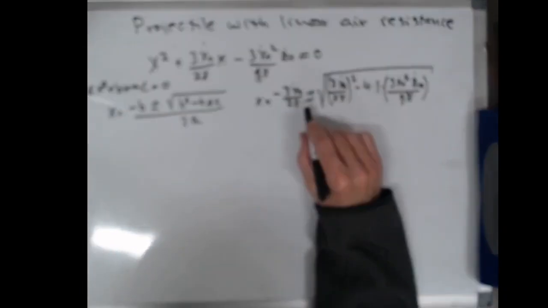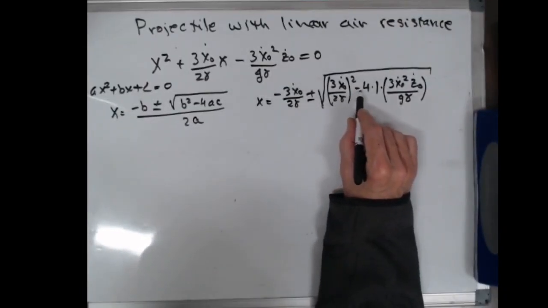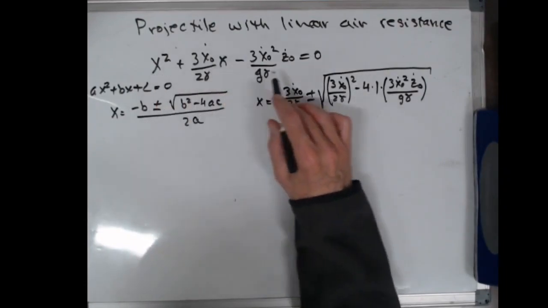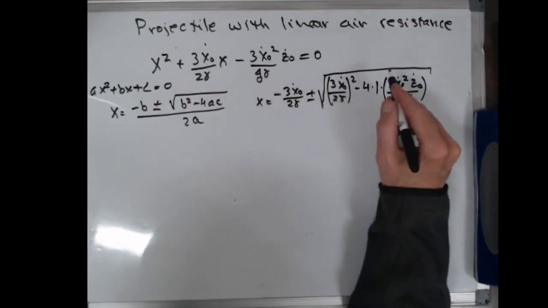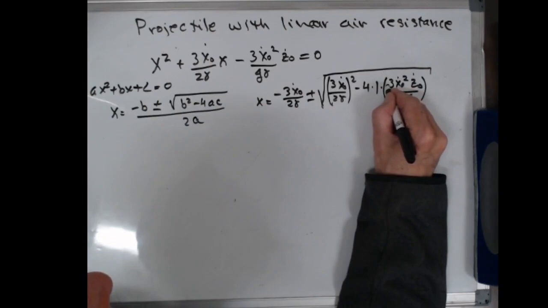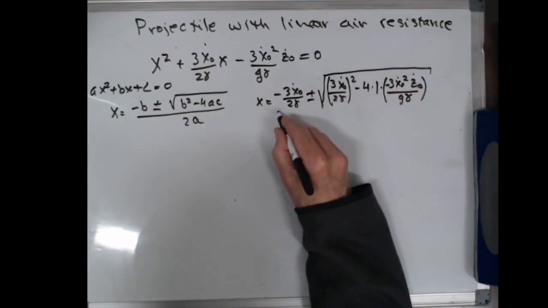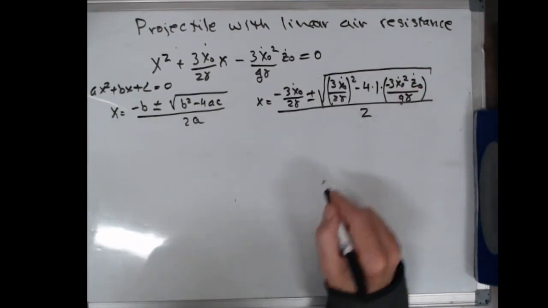So it's negative b plus or minus the square root of b squared minus 4 times the coefficient of the x squared times the leftmost guy. Ooh, I left a minus sign off of there. There we go. All over 2.